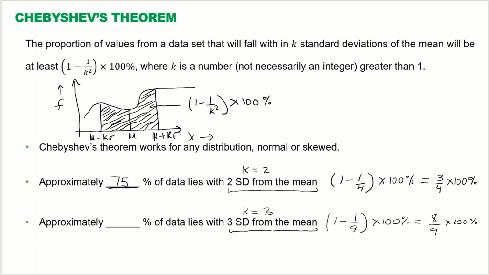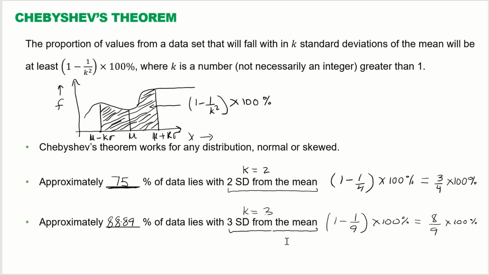If we multiply 8 times 100, that is 800, and 800 divided by 9 is 88.89. So at least 88.89% of the data lies within 3 standard deviations of the mean.